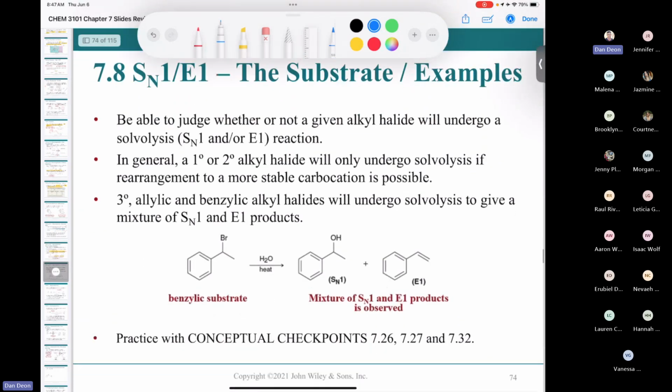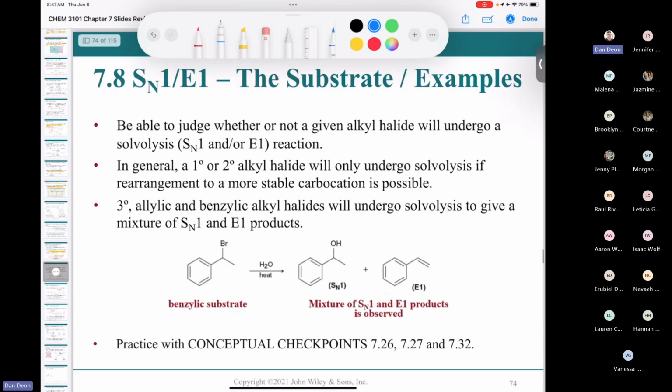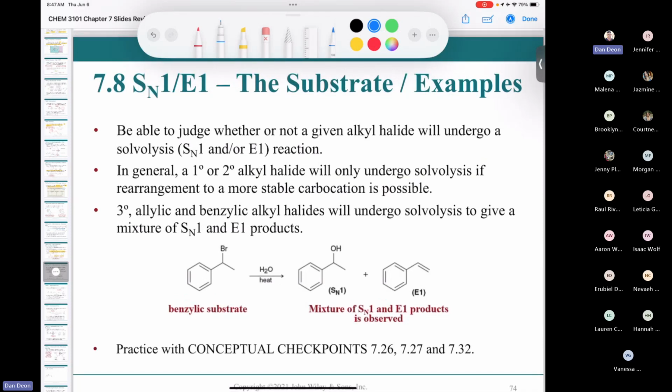All right, so what you've got to be able to do, is it challenging? Yes. But as a student of organic chemistry, it says here, be able to judge whether or not an alkyl halide will undergo a solvolysis. Remember, solvolysis is just a fancy way of saying, is it going to undergo an SN1 or an E1?